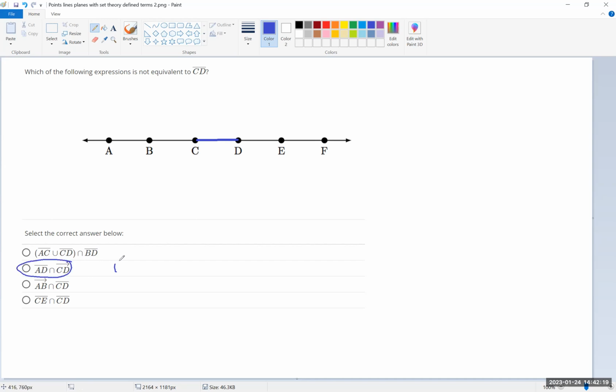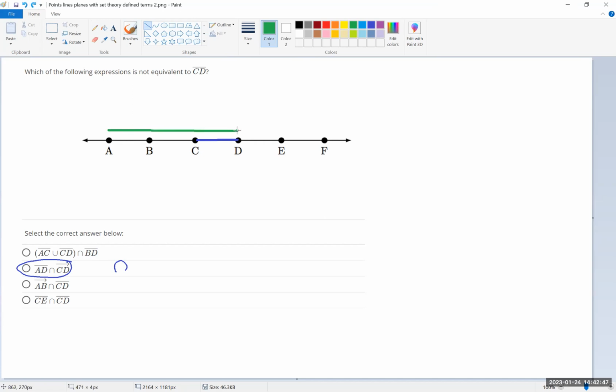Okay. Now this symbol means intersection. So it's the intersection of AD, which is a segment. So I'm going to take this and put it in green, and maybe we'll do it above AD. I think it's wise to use this straight line.